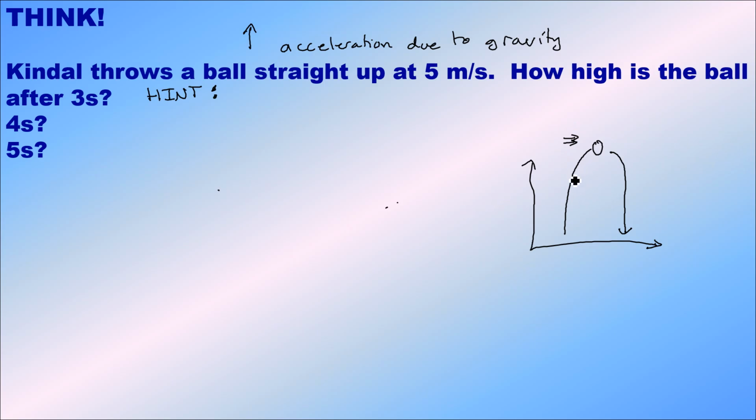But for now, the ball is going up at 5 meters per second, but it experiences gravity downward at negative 9.81 meters per second squared. So with that little hint, acceleration is implied to be negative 9.81 meters per second squared, even though it isn't spelled out in the problem. So go ahead with that new information, see if you can figure out how high the ball is after 3, 4, and 5 seconds. Let's go ahead, pause, give it another try.